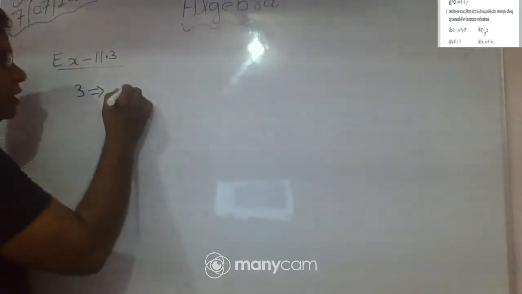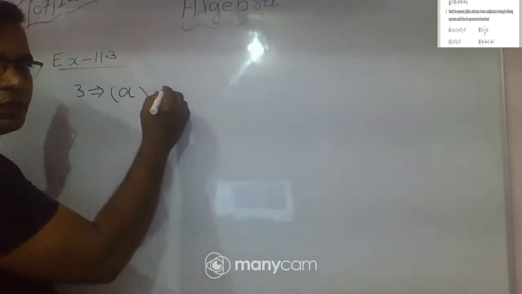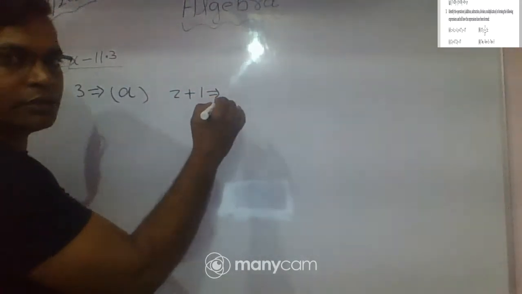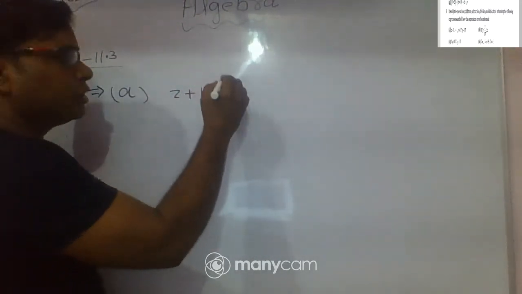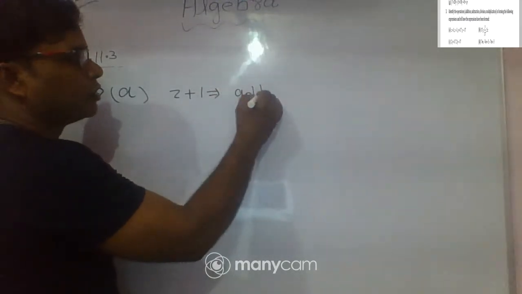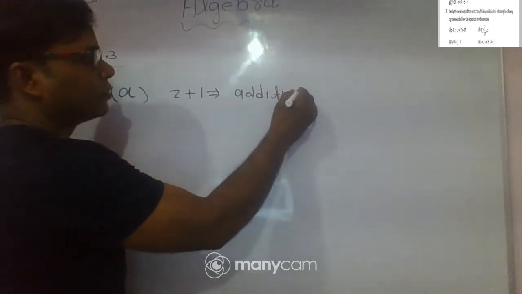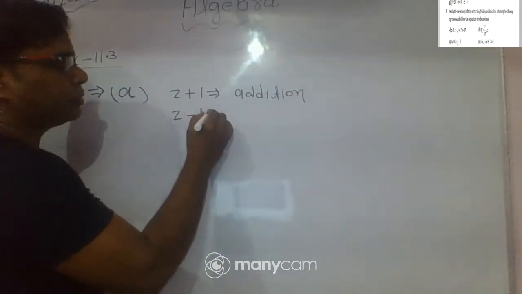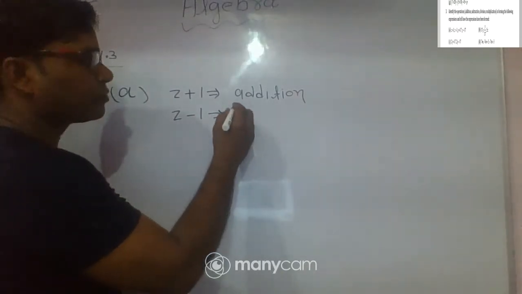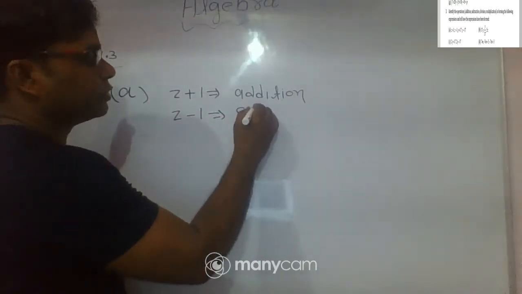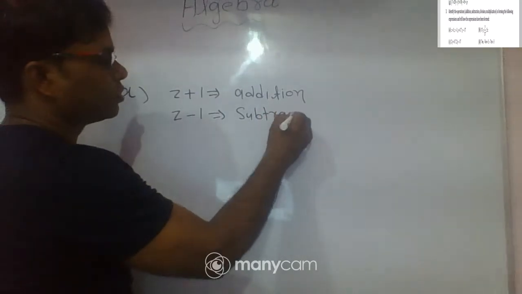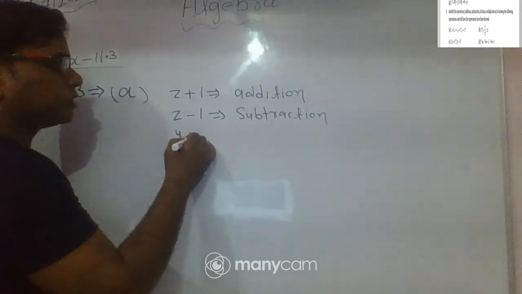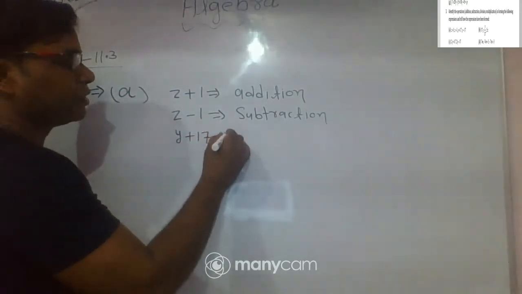So here A part: z plus 1. In this expression the operation used is addition. Okay, because here you can see this is plus. z minus 1. In this expression subtraction is used. y plus 17.